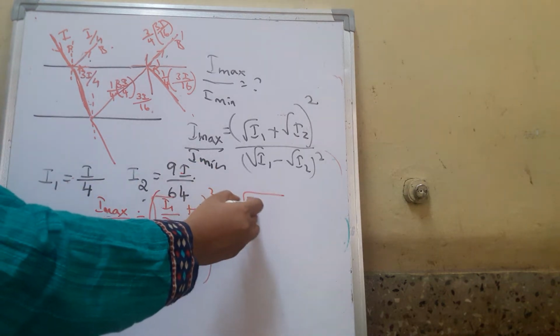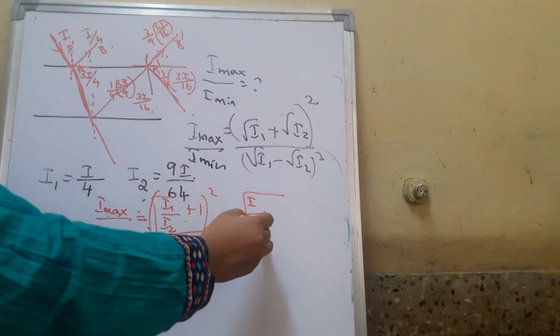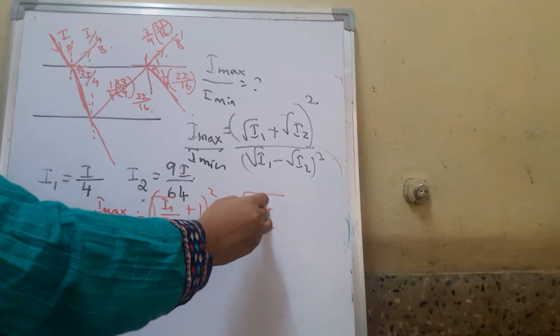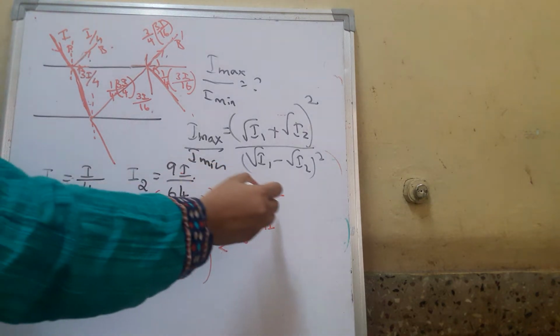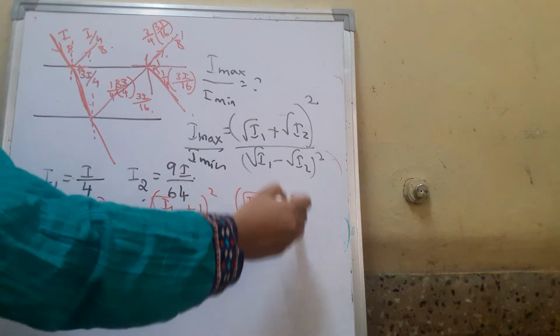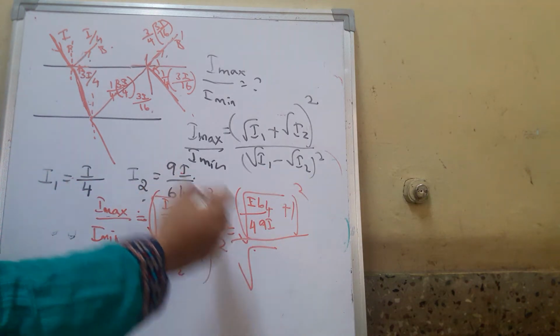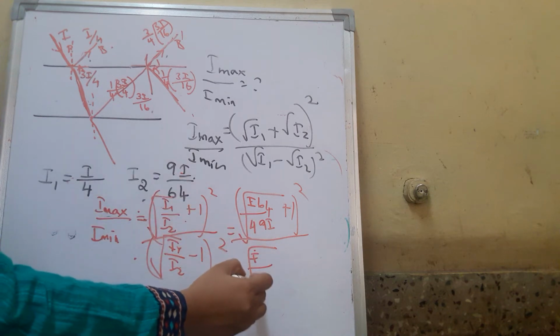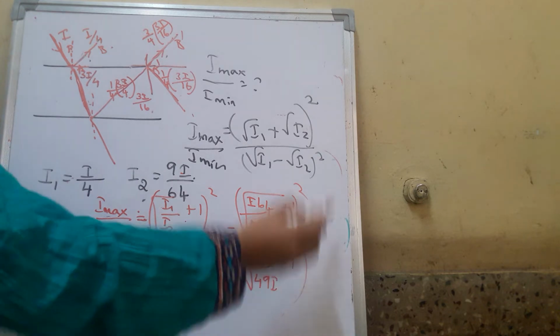That is I by 4 by 9I by 64. So here plus 1 the whole square by square root of I by 4 by 9I by 64 minus 1 the whole square.